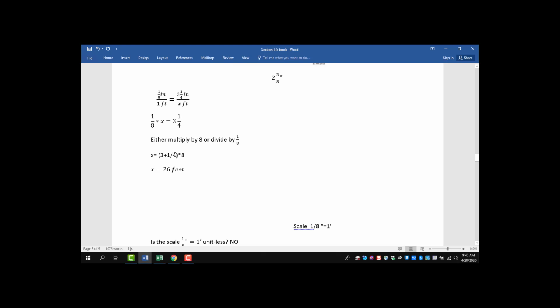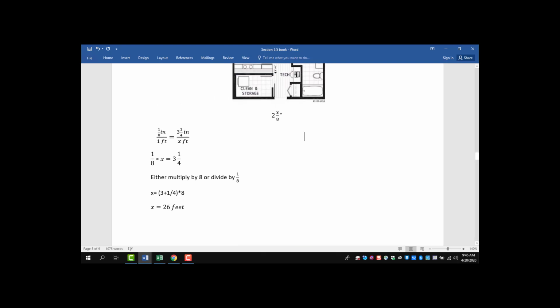If you know that's 0.25, you can put in 3.25. If you don't, that's two numbers, right? The whole number and the remainder. 3 plus 1/4, in parentheses, must be, because you want to add first, times 8, which is 26 feet.